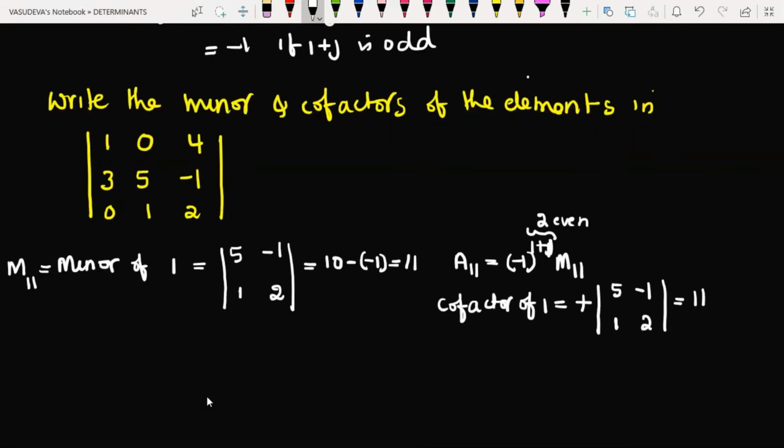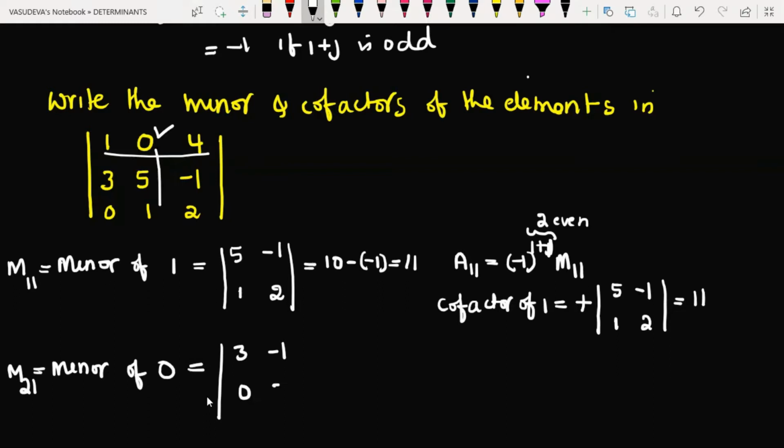Now let's find the cofactor of the element 0. Before finding the cofactor, let's take the minor of 0. So 0 lies in the first row and the second column. So therefore we are writing M12. So this is the determinant of the remaining elements: 3 -1, 0 2.